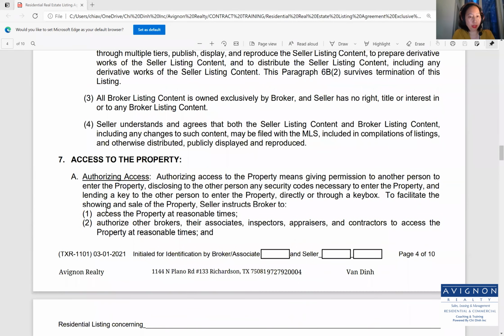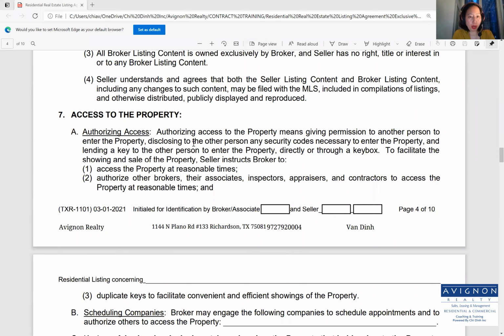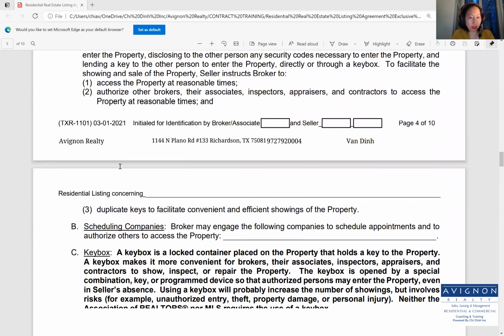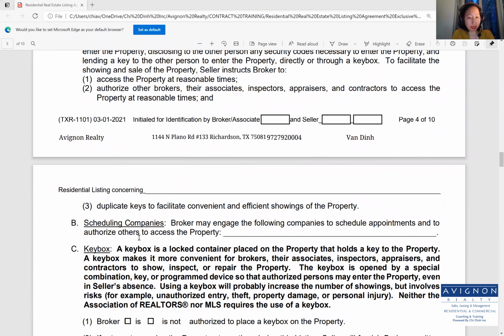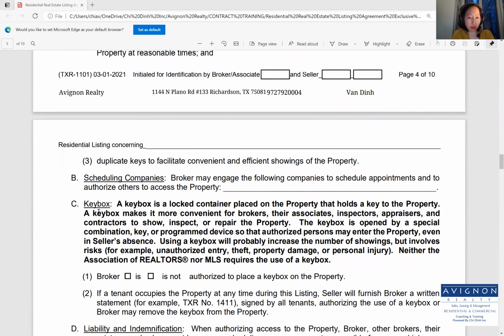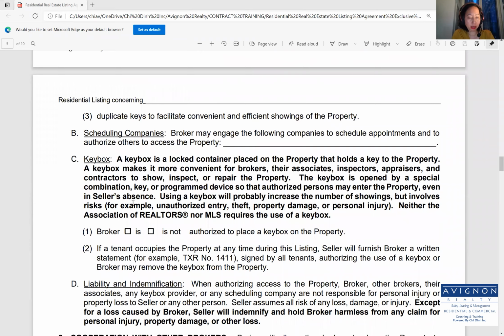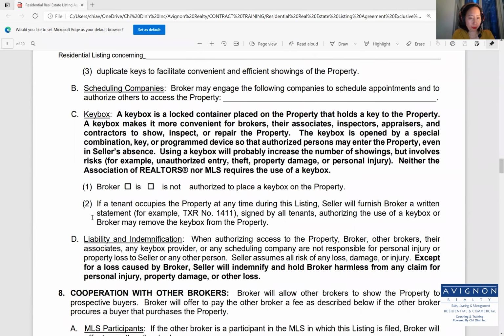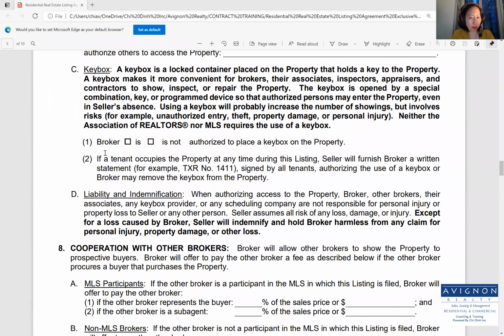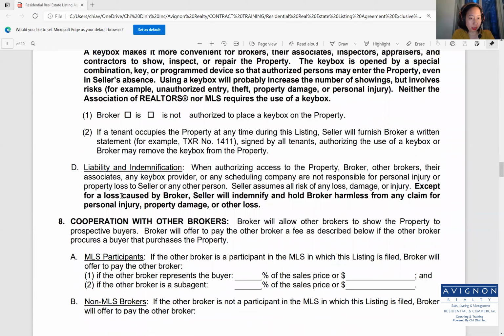And then there's paragraph 7, access to the property, like authorizing access. Scheduling companies, if a scheduling company would be used, and key box. Is the broker is or is not authorized to place a key box on the property. One of these needs to be checked off.